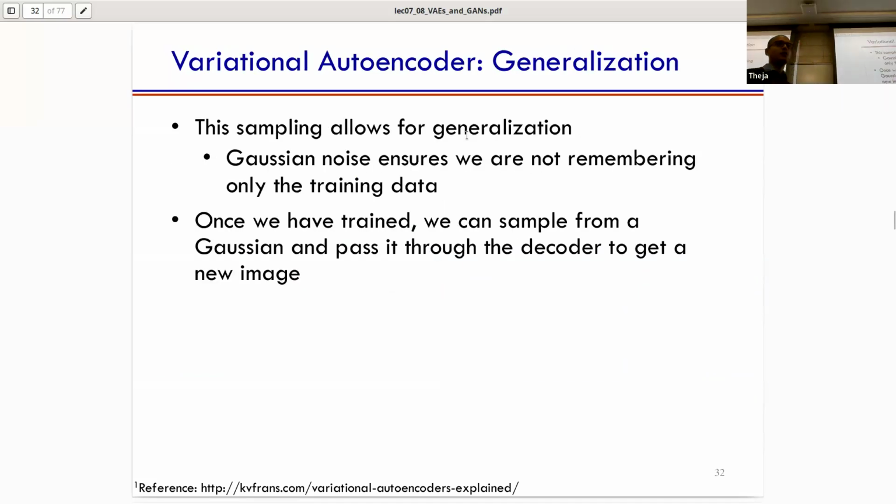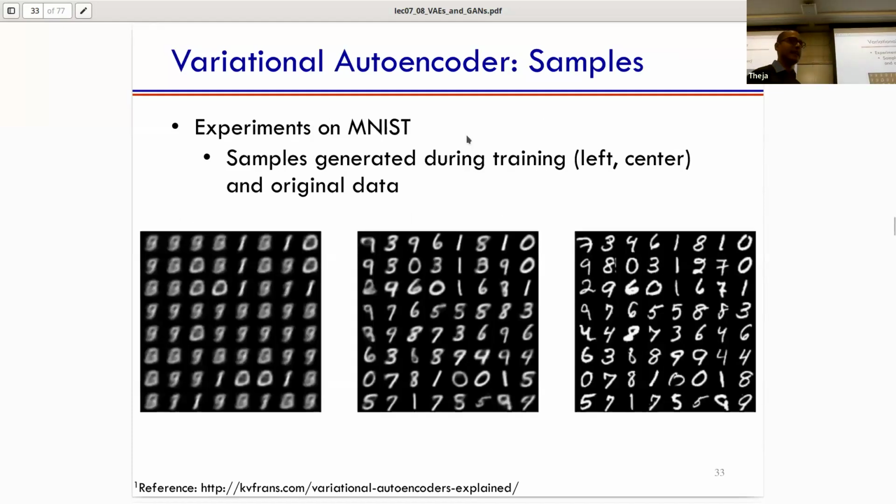As I said, this sampling is what allows for generalization. Gaussian noise ensures that we're not remembering only the training data, not just remembering and focused on compressing. Here are some examples before we discuss the loss in more detail. Here's the MNIST data set, where we forget about the labels. We have a bunch of images, and we can train this VAE so that it can generate new MNIST images.